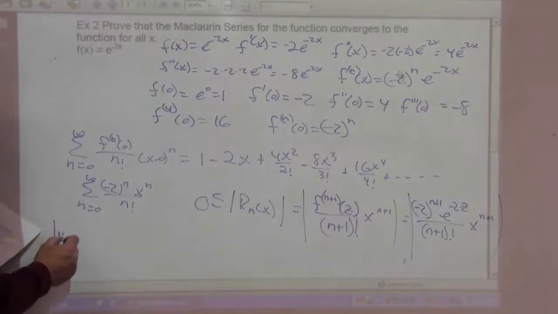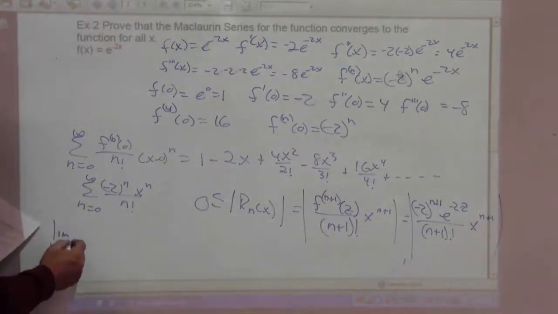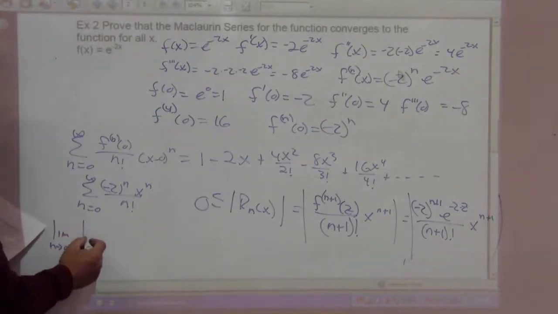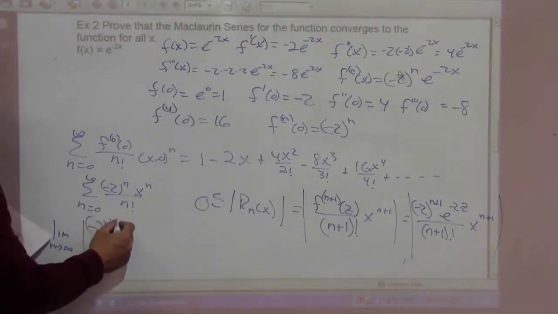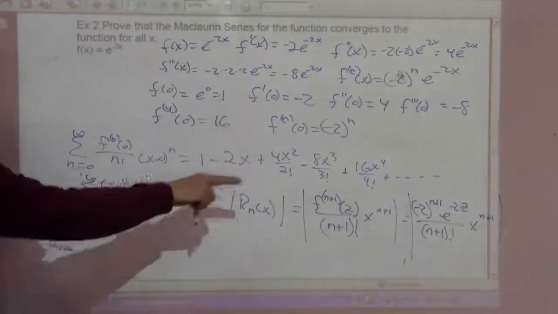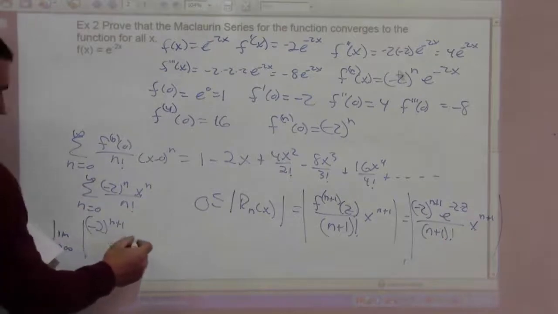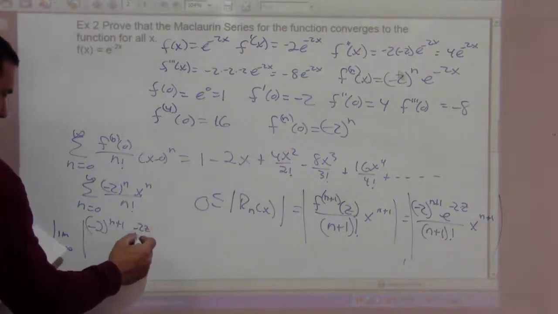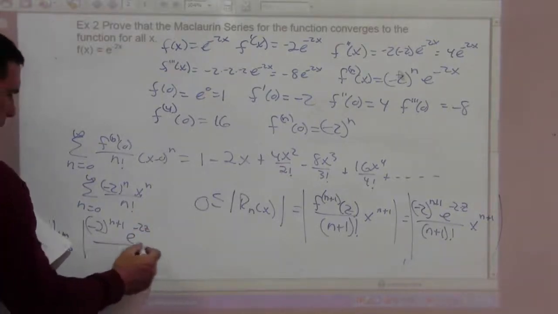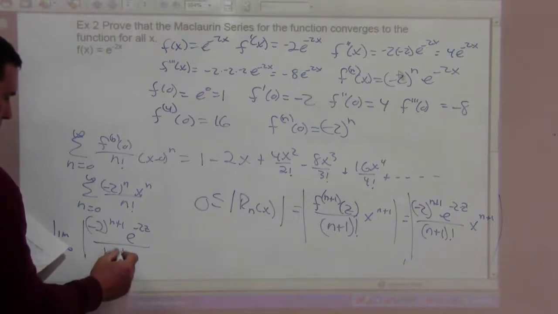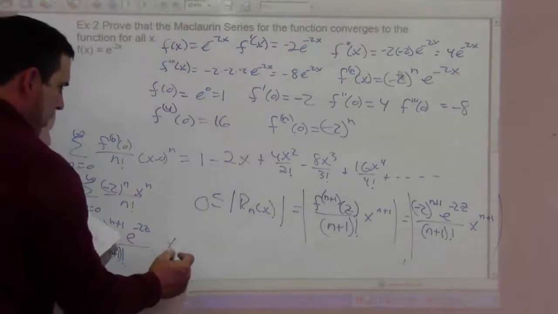So if we look at the limit as n goes to infinity of the absolute value of negative 2 to the n plus 1, I'm just looking at this remainder, you can take the limit as n goes to infinity of e to the negative 2z over n plus 1 factorial x to the n plus 1.